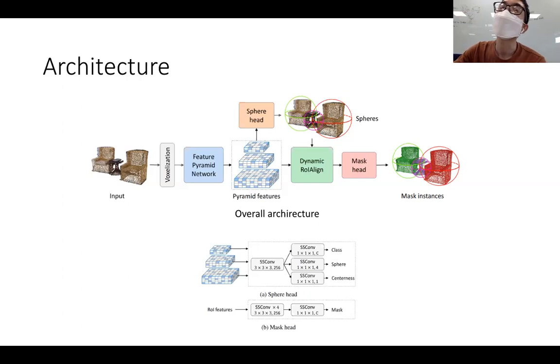For example, previously you had a box, so your region of interest is a box. First, you divide your region of interest into bins. This one is a bin. Inside each bin, you extract the feature. For example, with 2 by 2 bins, the output will be 2 by 2 features.